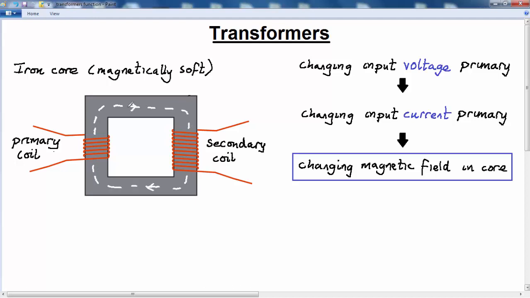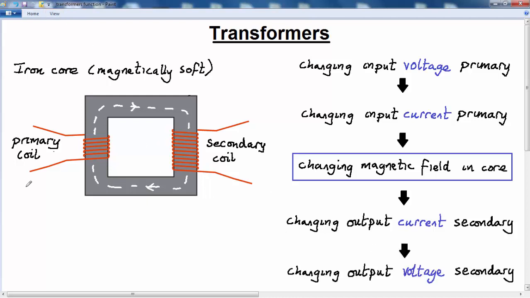What's going to happen then is the changing magnetic field will cut through the secondary coil, and that will induce a changing current in the secondary coil, which again, as before, because the voltage is directly proportional to the current in the circuit, we will also get a changing voltage in the secondary coil. Let's just summarize that again.